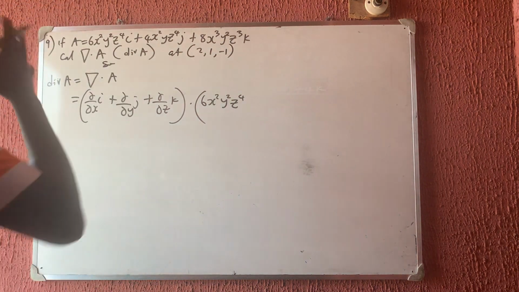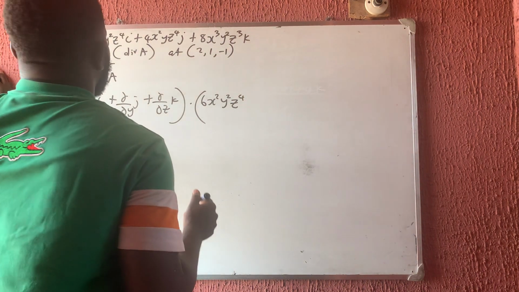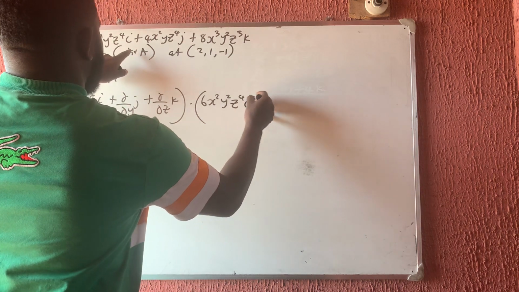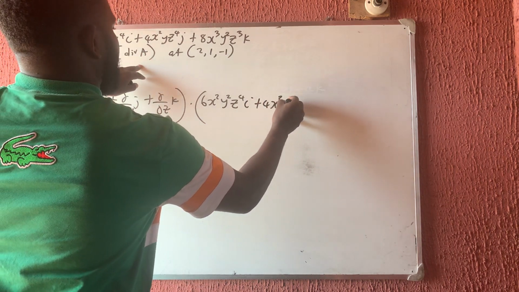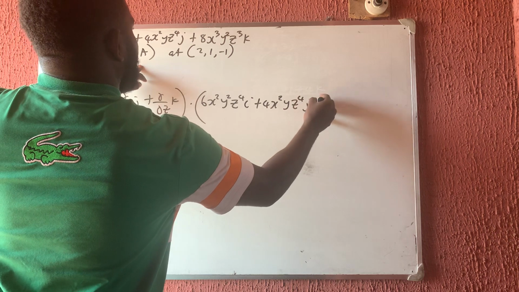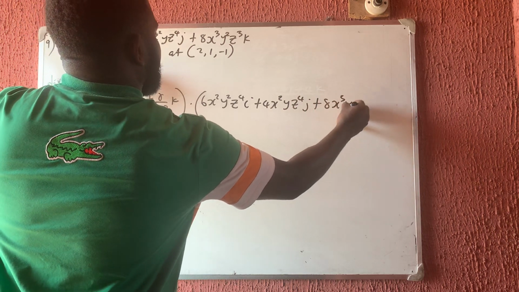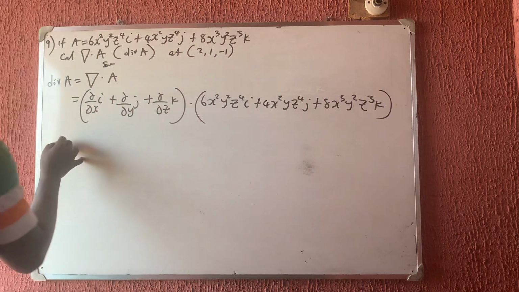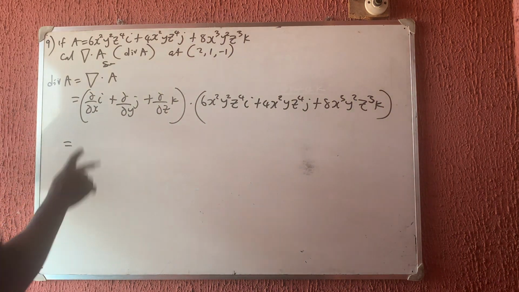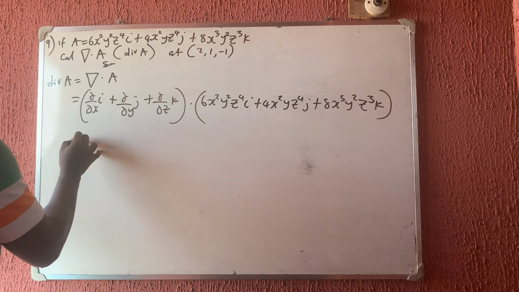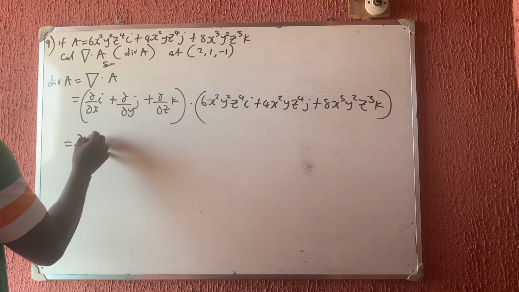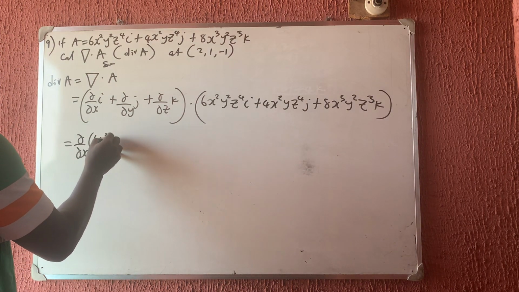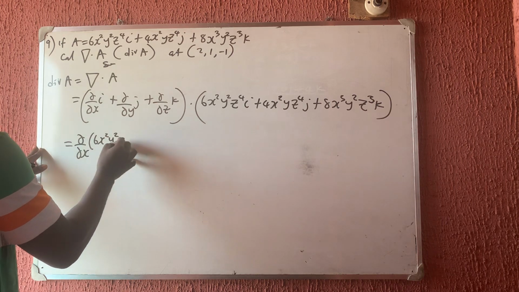i plus 4x squared y z raised to power 4 j plus 8x cubed y squared z cubed k. Not forgetting dot product, everybody goes to itself. This one is only dotting this one. So I have partial x of 6x squared y squared z4.